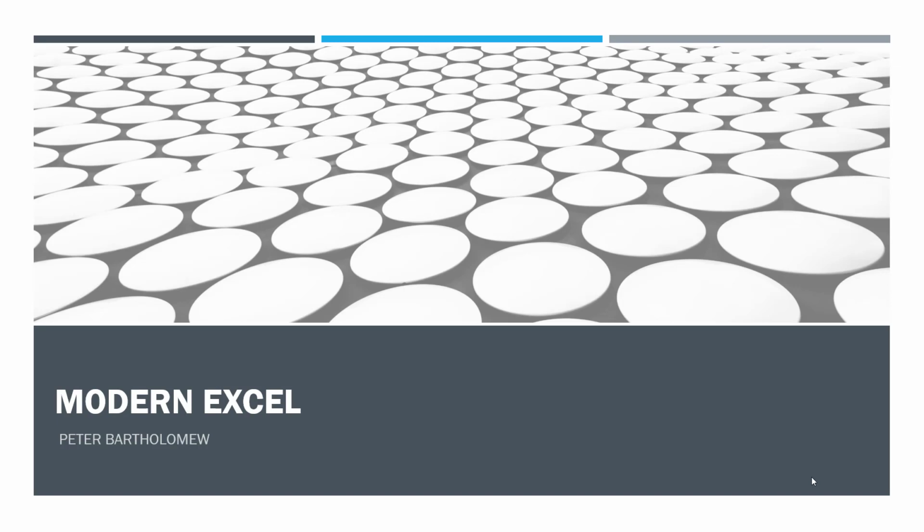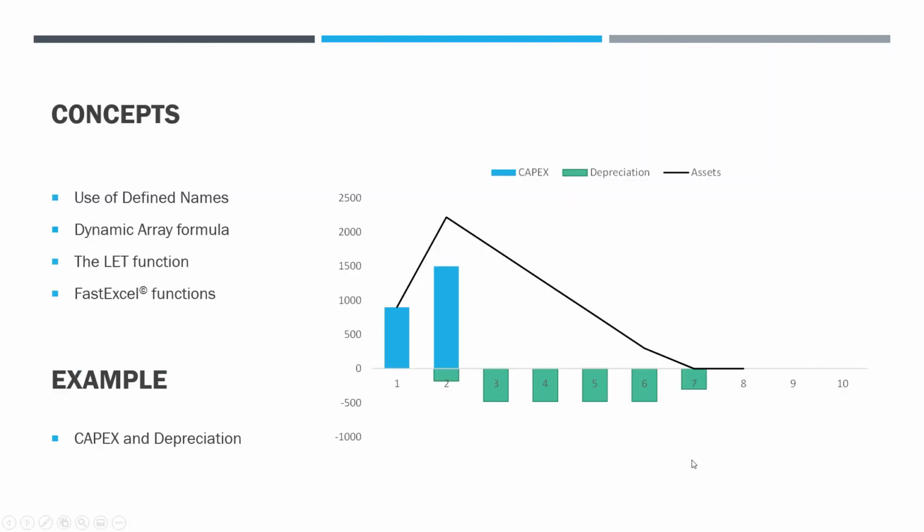The example that I'll use for demonstration purposes is drawn from accountancy and financial modeling, despite the fact that it's far from my area of expertise. What I want to cover is the use of defined names, which is something that I've employed from well before the era of dynamic arrays.